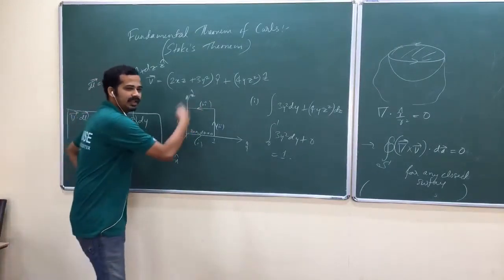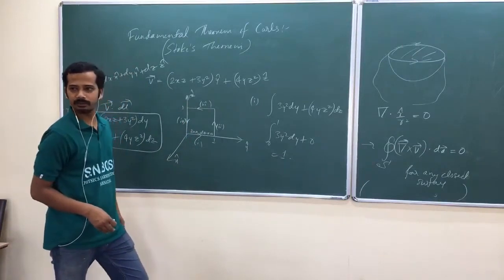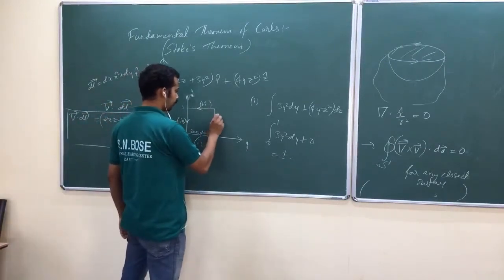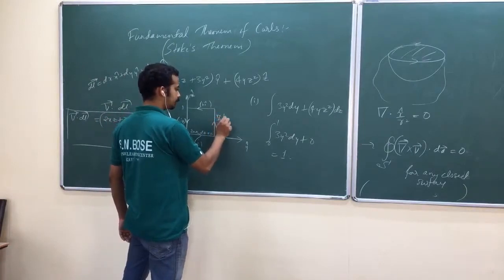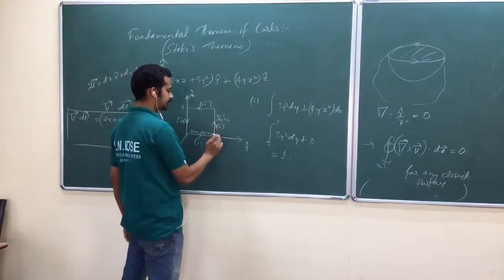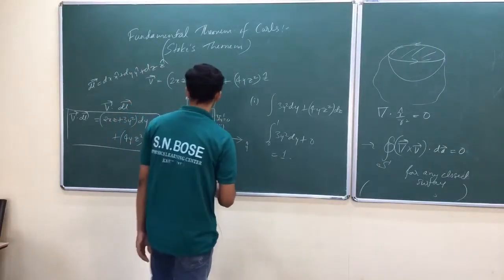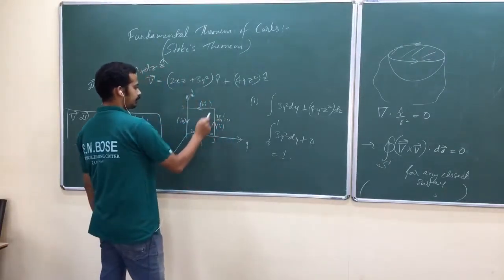You better write in the diagram itself. What would happen in that path? What is the second path? In the second path, y equal to 1, dy equal to 0. Y is not changing, but z is changing from 0 to 1.